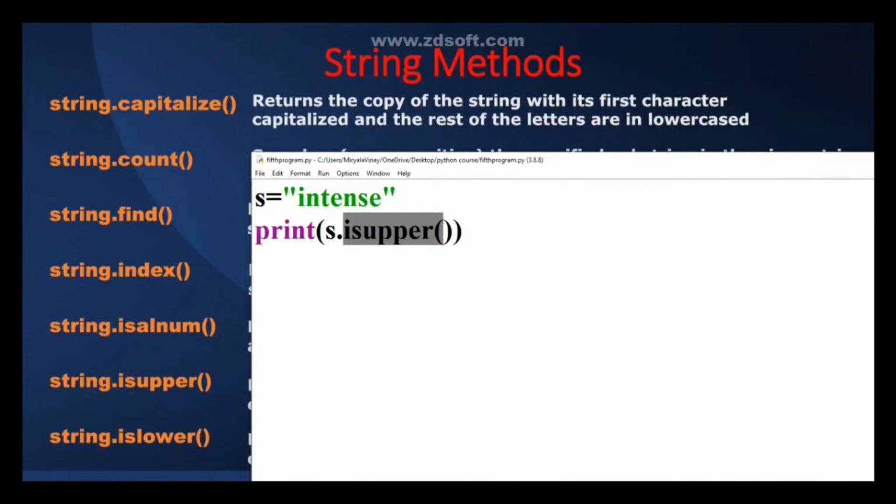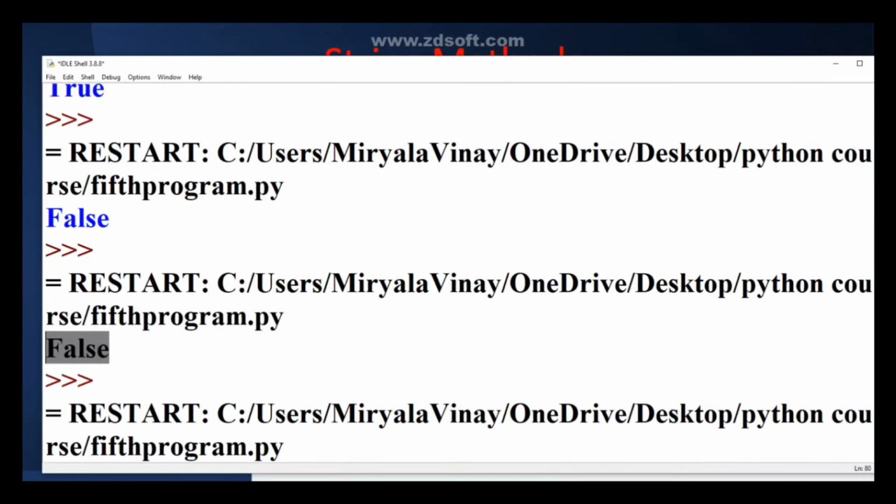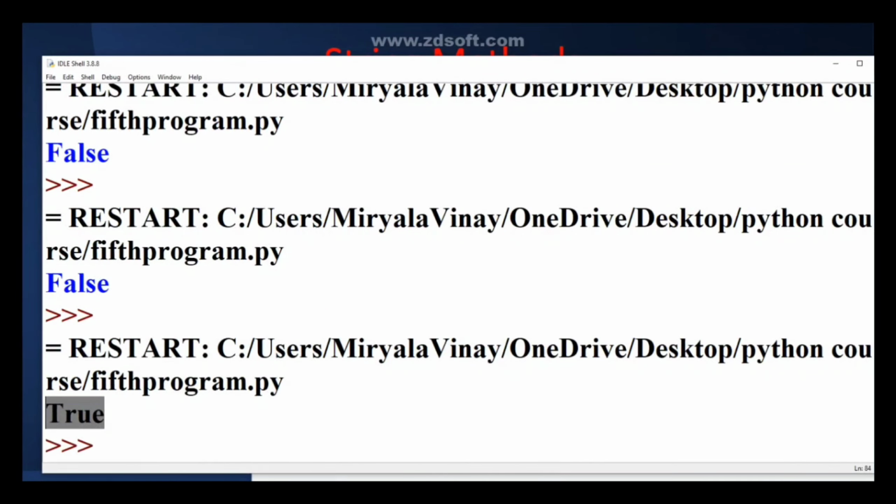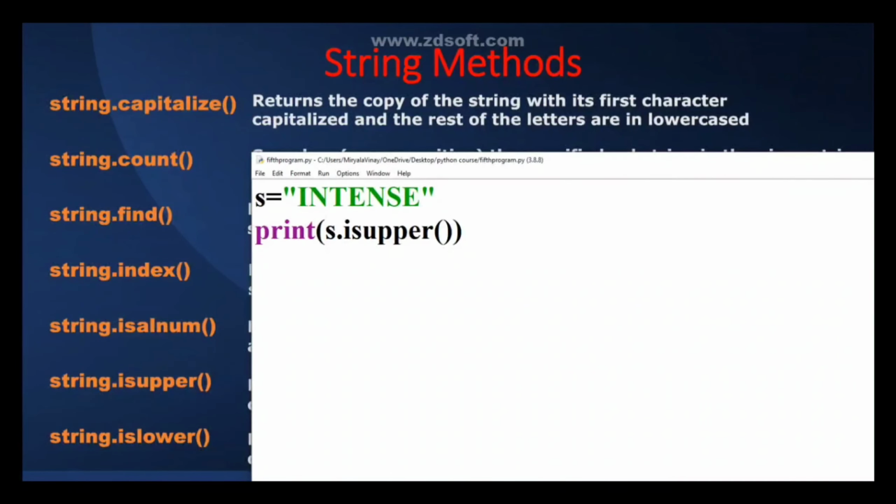So isupper is a method. If the string is in uppercase, then it will show the output as true. You can see now our string is present in lowercase, that is why it is going to display the output as false. Whenever I change this "intense" from lowercase to uppercase, you can see the output has changed, that is true.